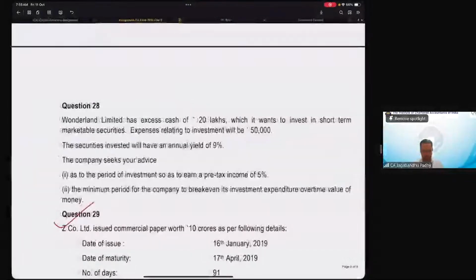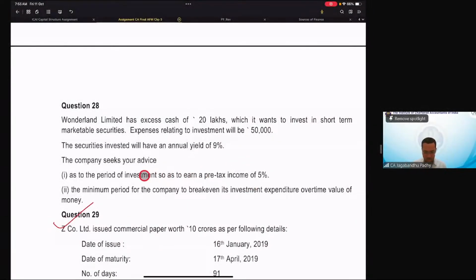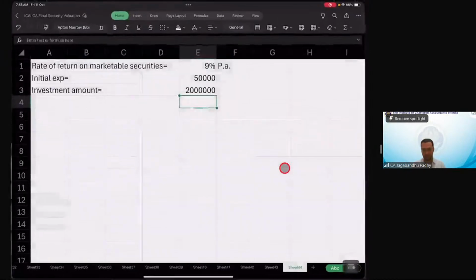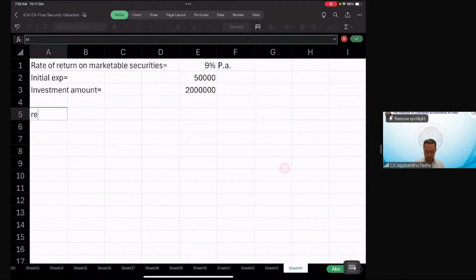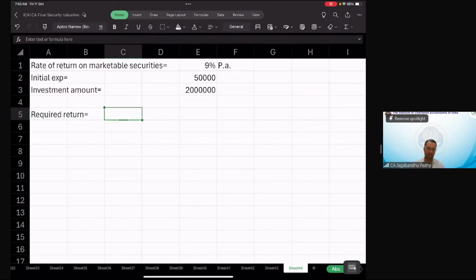Now the first question says, what is the period that you will need to earn a pre-tax income of 5%. So the required return for the first question, the return that we should require. Do we reduce that 50,000 initial expenses from this 20 lakh? No, my investment is 20 lakhs.